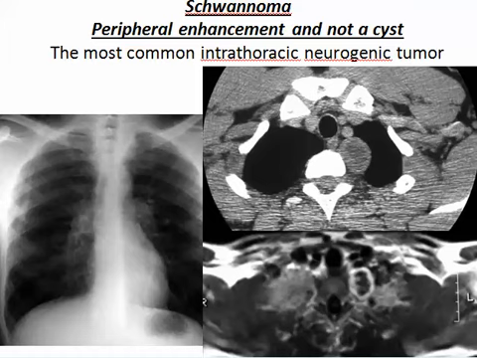This is one of the most common intrathoracic neurogenic tumors. It shows peripheral enhancement and it is not a cyst. The other one was a neuroenteric cyst. This one is a neurogenic tumor mass.